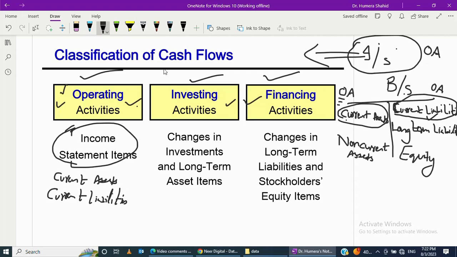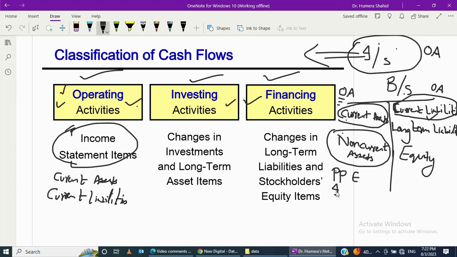Then comes investments. Investments are for a longer period of time, and non-current assets are for a longer period of time. Right? Non-current assets include property, plant and equipment, PPE.